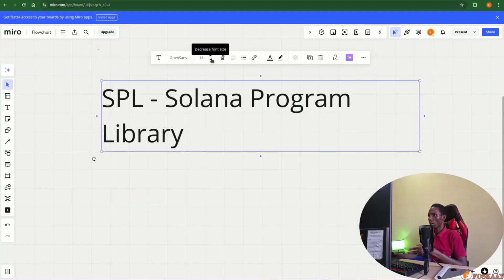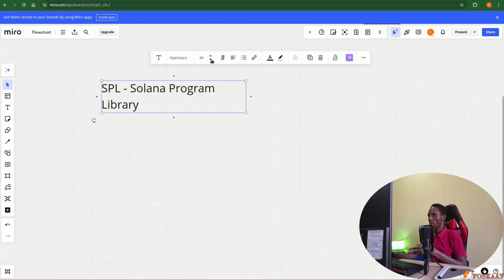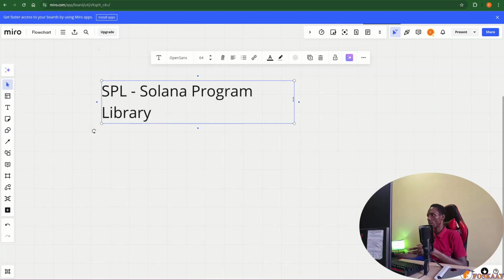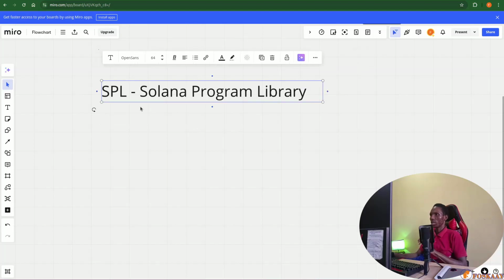So that's the same thing when you hear program on Solana. It's a collection of programs that have been pre-designed and usually deployed on different clusters of Solana. It can be DevNet, it can be mainnet. So that's the library.